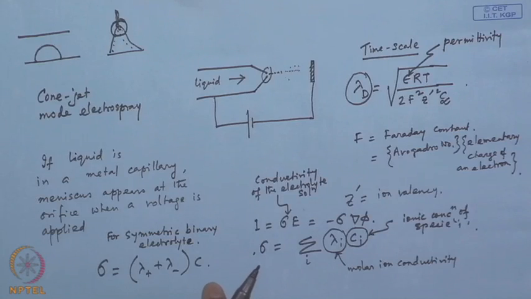Now here we have another term, that is lambda I. So, we understand sigma, we understand C I. Now, lambda I, or here we are talking about lambda plus and lambda minus.